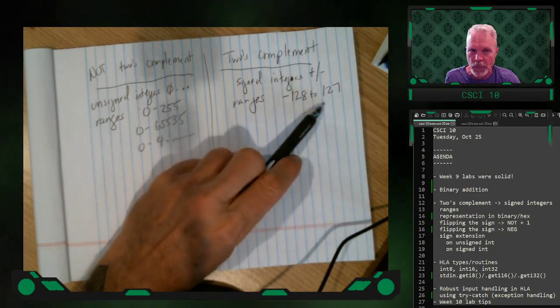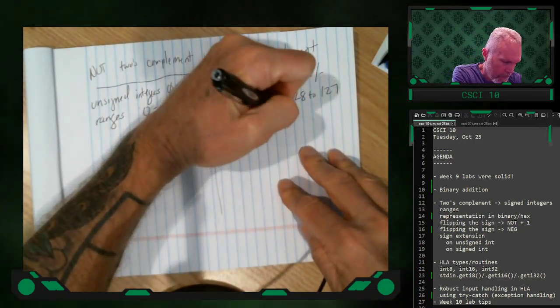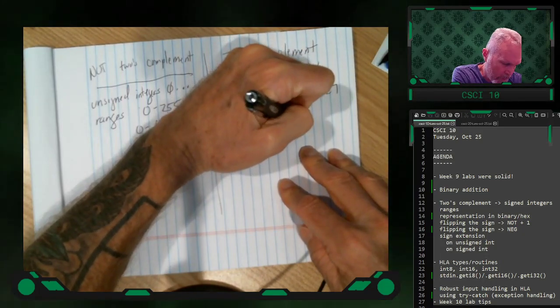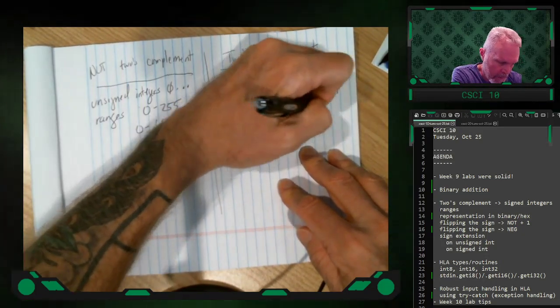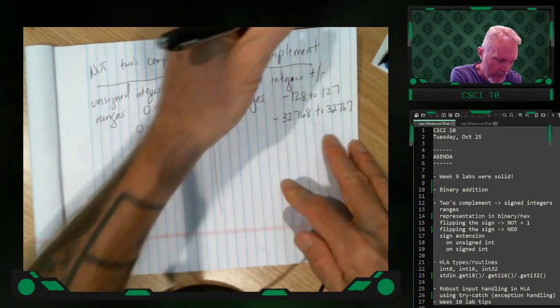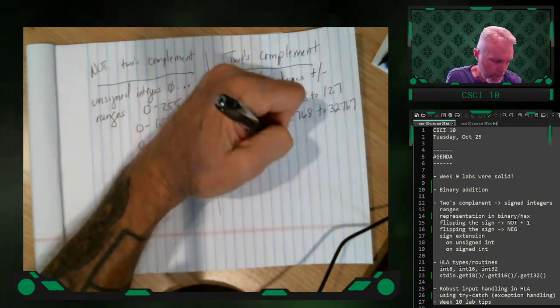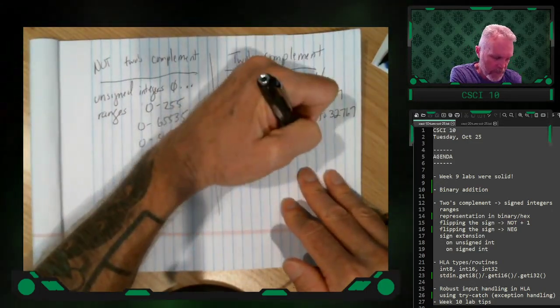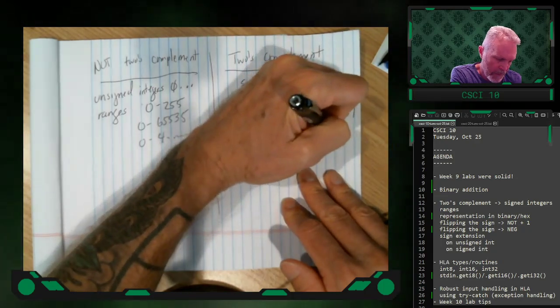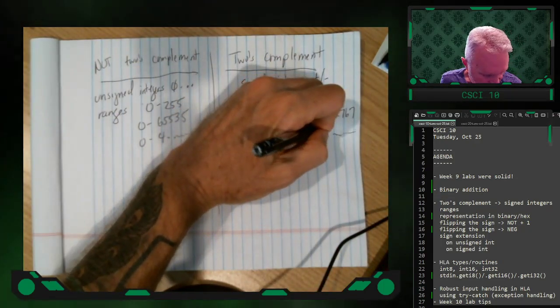There's a reason for that, and we'll play around with that a little bit to see it. For the bigger number it is negative 32,768 up to 32,767. And then for 32-bit, it's some giant negative 2 billion and something to some giant positive 2 billion and something. I'm not going to write all those digits down.